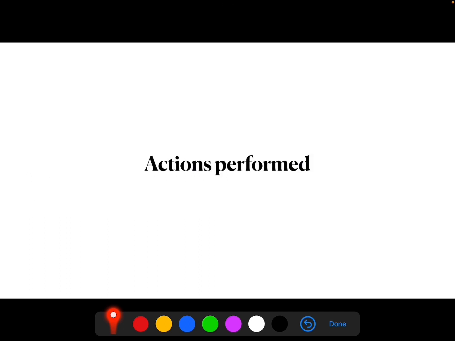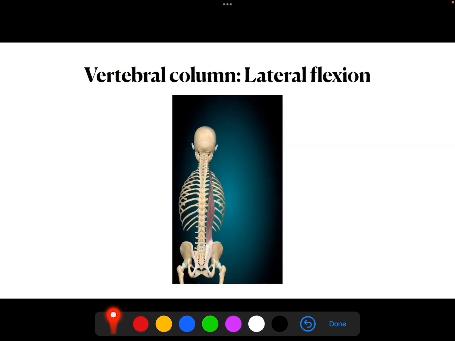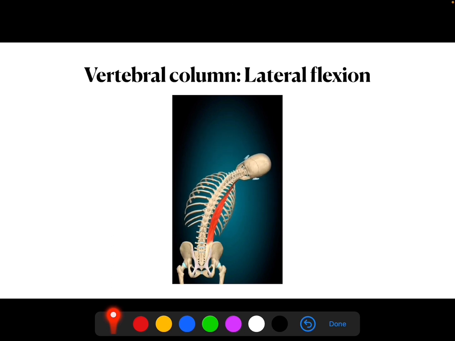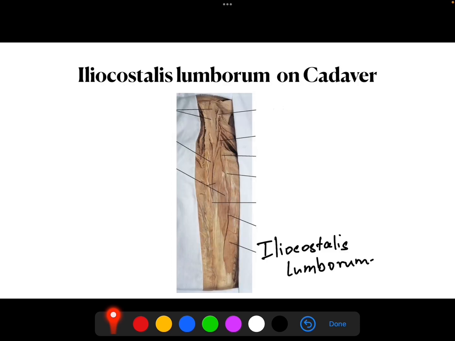Actions performed by this muscle: extension of vertebral column, anterior tilt of the pelvis, lateral flexion of the vertebral column. This is what it looks like on the cadaver.